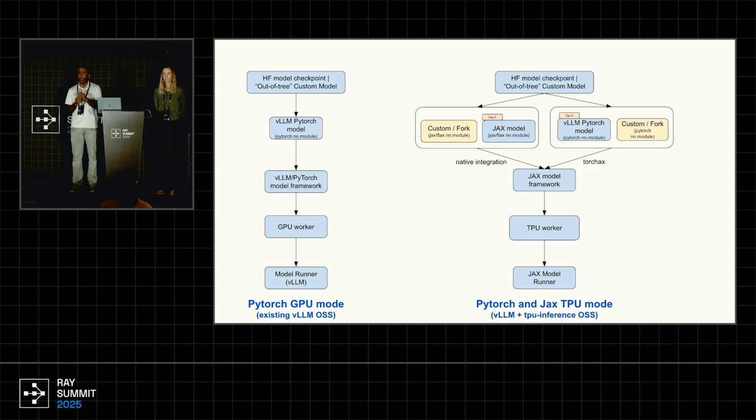So we extended that. Now, should we have two different backends to support PyTorch and JAX, or should we have one backend? To keep our implementation simple, we went with a unified backend for both PyTorch and JAX models. Essentially, we took the PyTorch model and lowered it into a JAX model. We use this library, TorchAX. It's also open source, you can play with it.